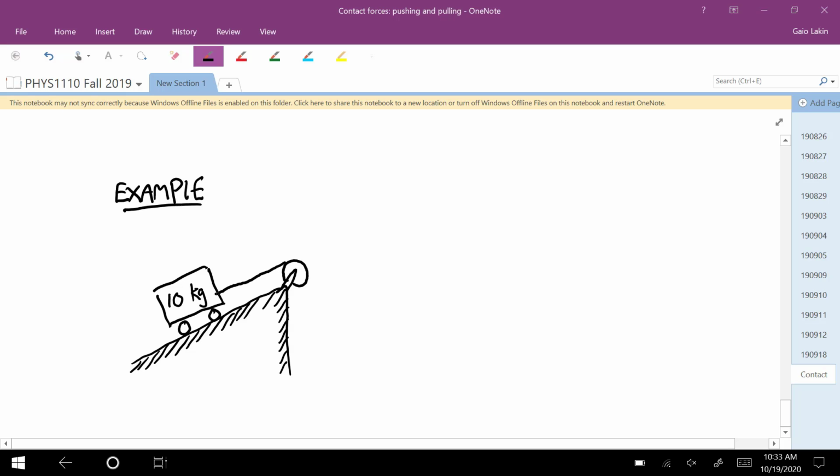And there's a cable that goes from the cart over the pulley and connects to a mass on the other side of 5 kilograms that's hanging. Okay. And let's also say that there's a 5 Newton force pulling on the 10 kilogram cart that way.